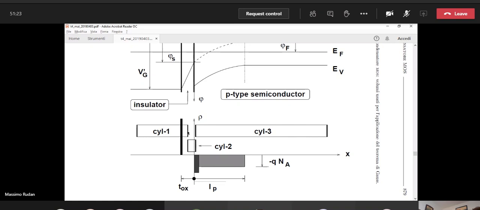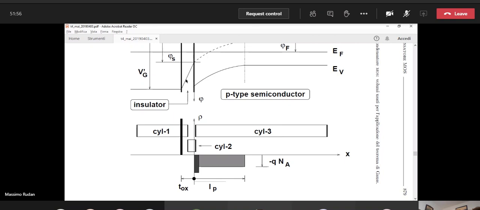So in essence, we take the first cylinder with the left face inside the metal, okay? So remember the displacement vector is proportional to the electric field. So the electric field normal to the left face of cylinder 1 is 0. Instead, we take the right face of cylinder 1 inside the oxide.